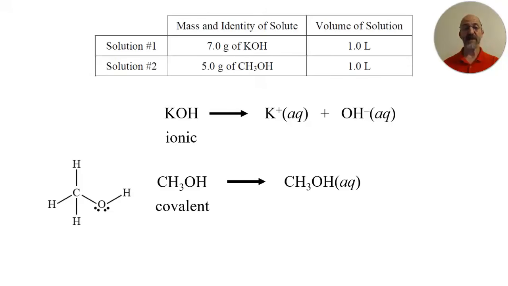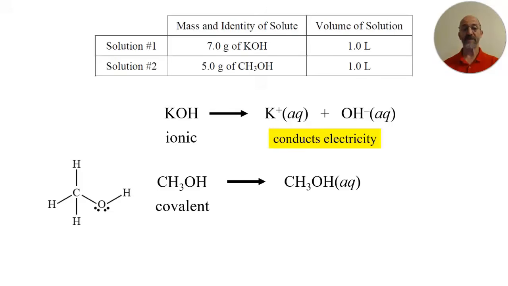So CH3+ is not a common polyatomic cation or positive ion. So just like sugar, when dissolved in water, will remain as molecules, alcohols such as methanol and ethanol and isopropyl alcohol have a carbon bonded to an oxygen and then bonded to a hydrogen, but they remain as molecules. They do not conduct electricity.